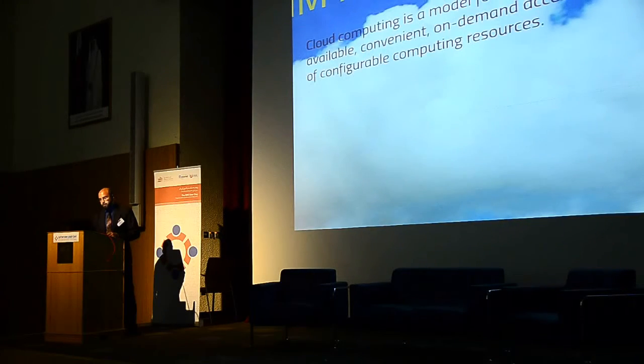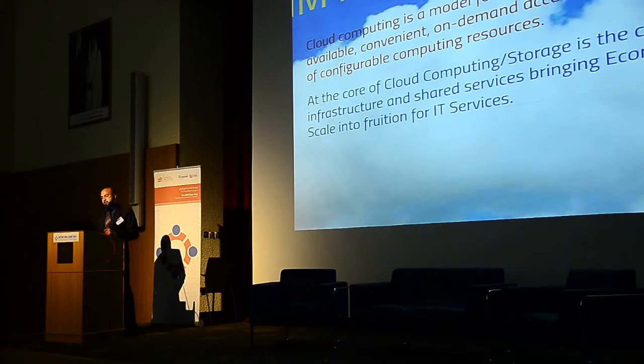Next is a little bit more literal definitions from Wikipedia and IT books. Cloud computing is a model for enabling universally available, convenient, on-demand access to a shared pool of configurable computing resources. At the core of cloud computing is the converged infrastructure and shared services, bringing economies of scale into fruition for IT services.